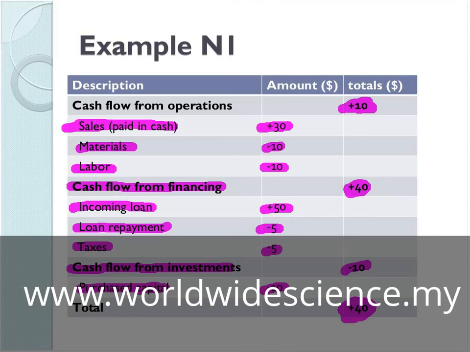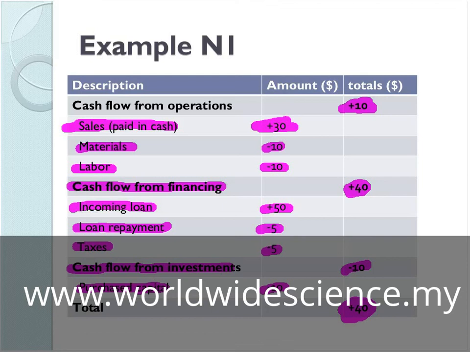What are sales actually? This is revenue. Sales means when you sell some products and you get some money. Of course, this money can be in cash. You receive cash, and cash comes into the company. So it's positive, right? Because cash comes into the company's account.